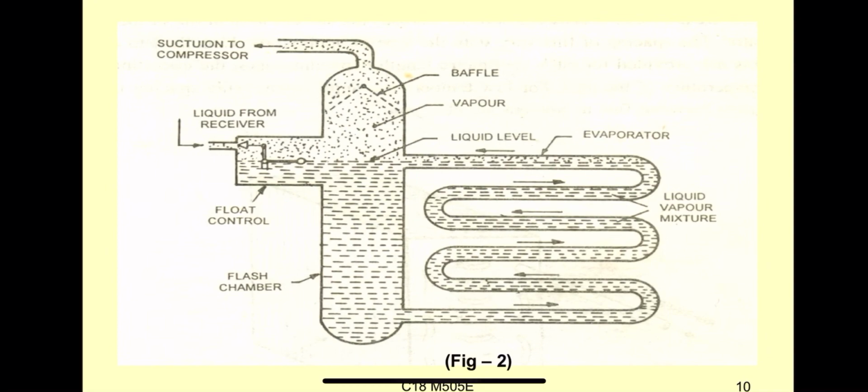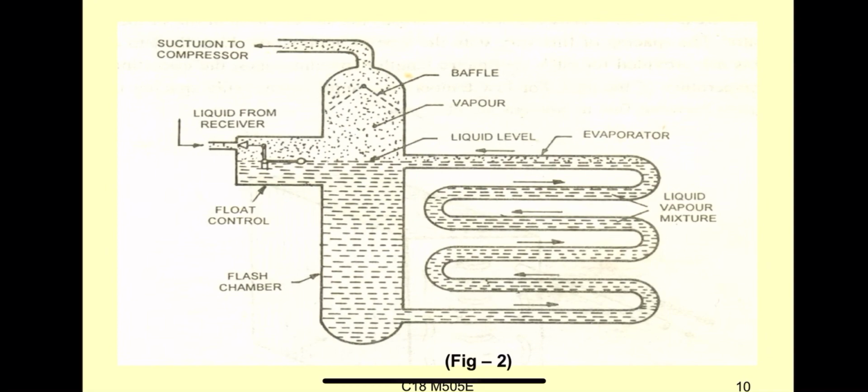Here the parts are, first, a flash chamber and one pipeline from the suction to the compressor. Here the liquid enters from the receiver.